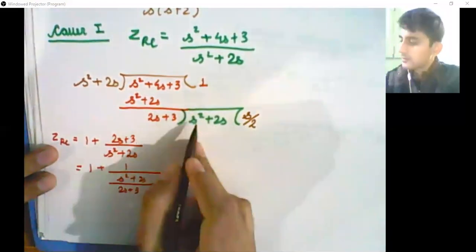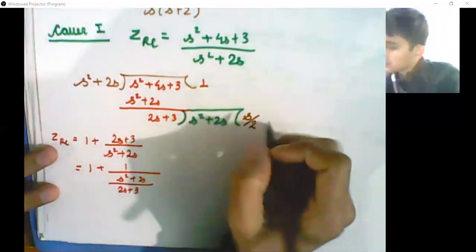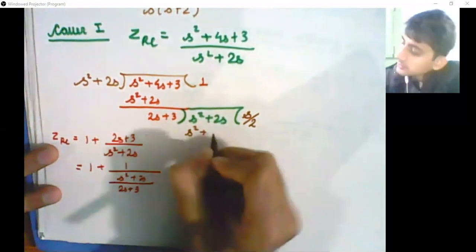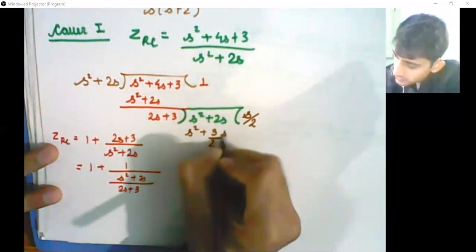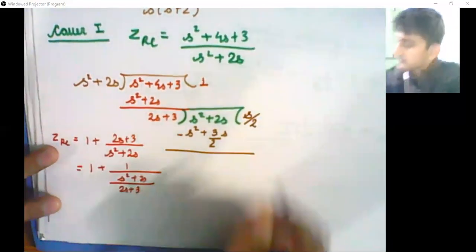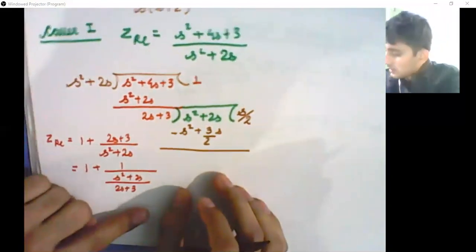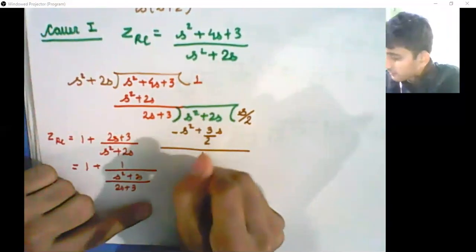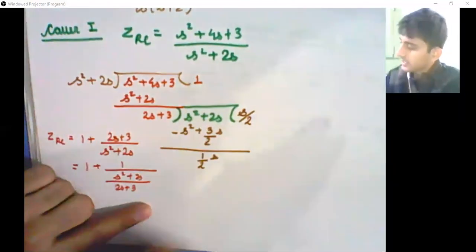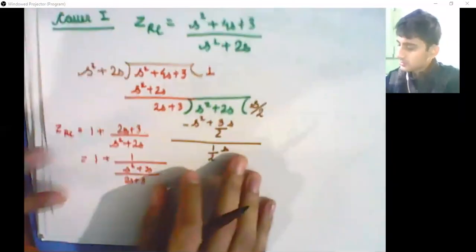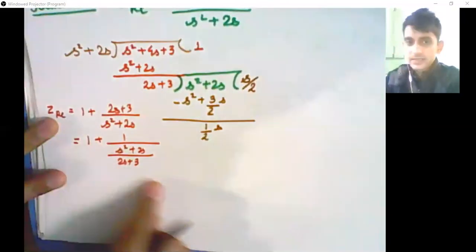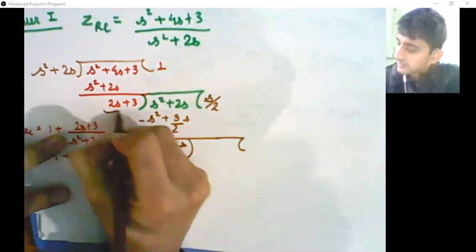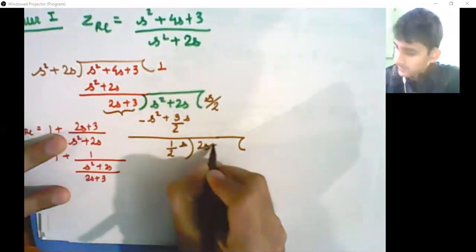If I multiply it with s upon 2, it becomes s square plus 3 by 2 s. When you subtract it, s square cancels and I will be left with 1 by 2 s, since 2 minus 1.5 gives 1 by 2 s. So actually we are continuously opening it. After this I will take this term inside, which is 2s plus 3.